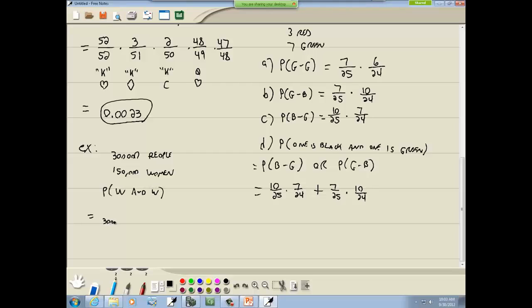Well, there's 300,000 people on the bottom there, and 150,000 would be up on top. Now, normally what we do is we would subtract 1 from these. So this would be 299,999, and this would be 149,999. Like that.